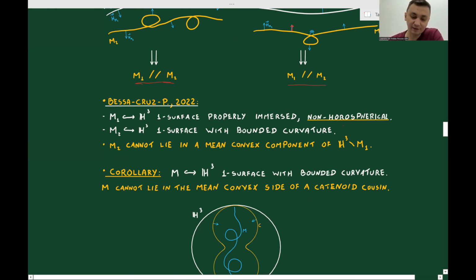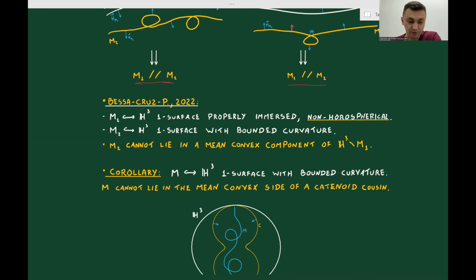So we assume that M1 is not a whole sphere. And M2 here is another one surface, but with bounded curvature. So we do not assume M2 is properly immersed or embedded, just bounded curvature. So in this case, M2 cannot lie in the mean convex component of the hyperbolic space minus M1.